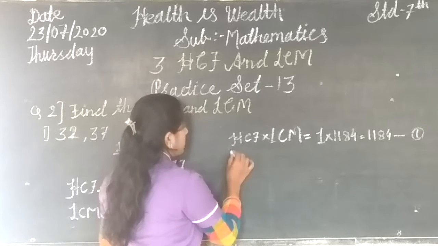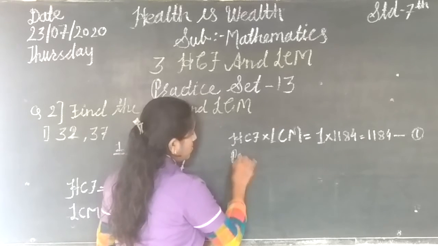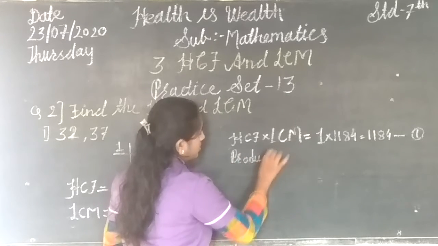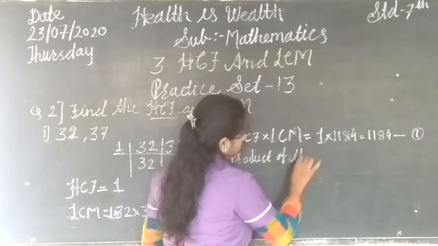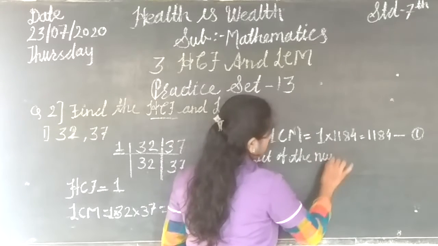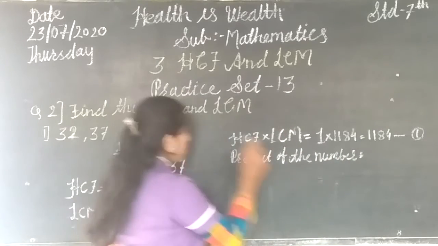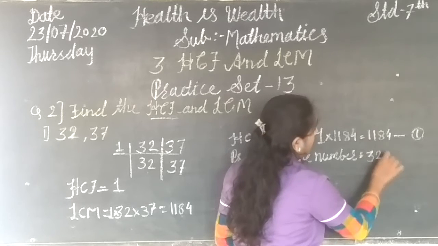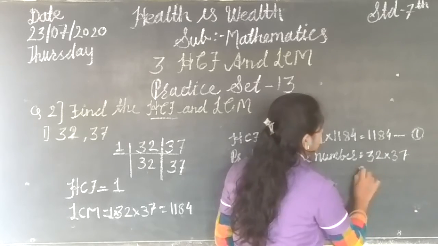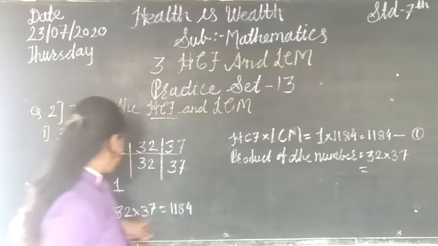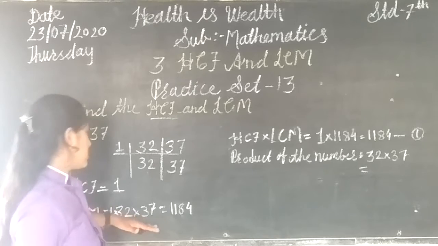Then next, the product of the numbers. We have to write the product of the numbers. Which numbers are given? 32 and 37. Our LCM is also the same, 32 and 37.